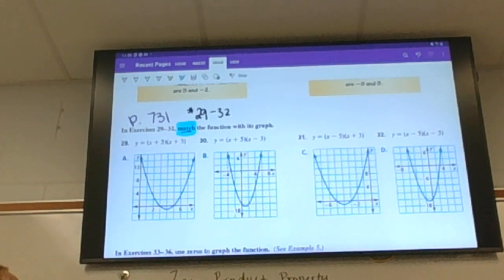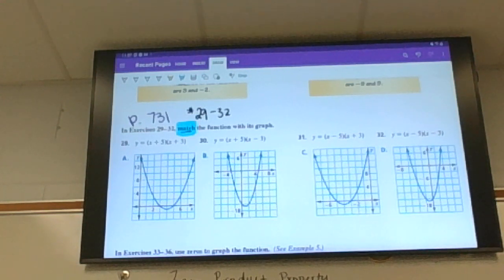So 29, I'm going to switch y to 0. So it'll be 0 equals (x plus 5)(x plus 3). I'm going to solve these, and that's going to help me match up x-intercepts.